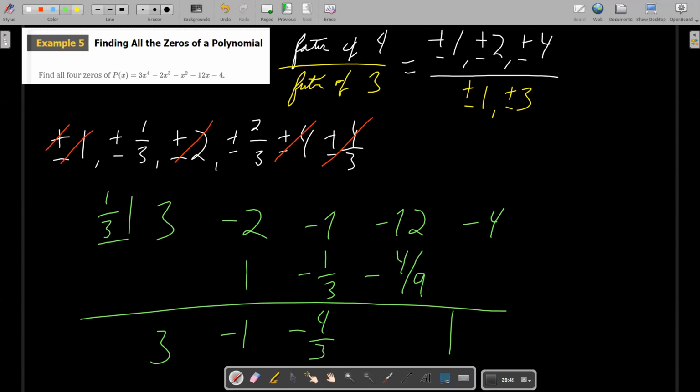And then 12 with a denominator of 9, that's 108 over 9. So -112 over 9. I don't even know if that's right, I'm sorry. Hopefully we'll see. We can tell it's not going to be a 0, so we can erase that.